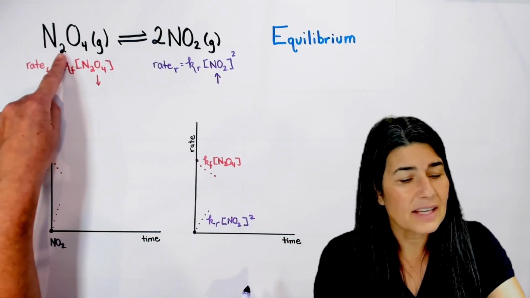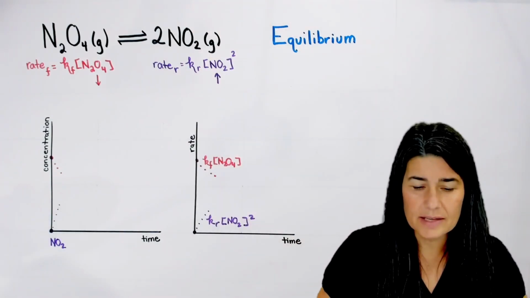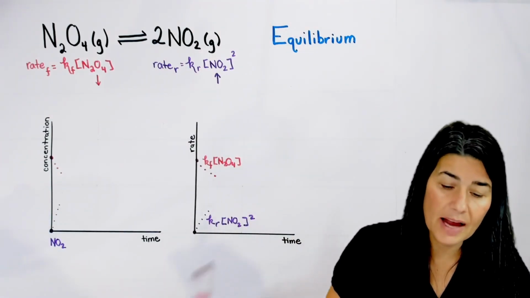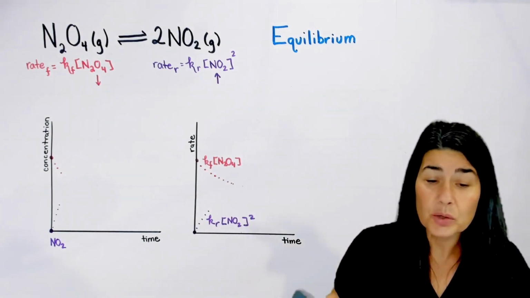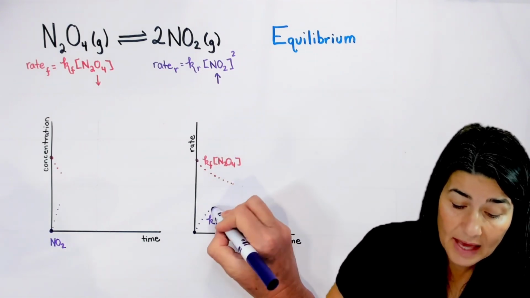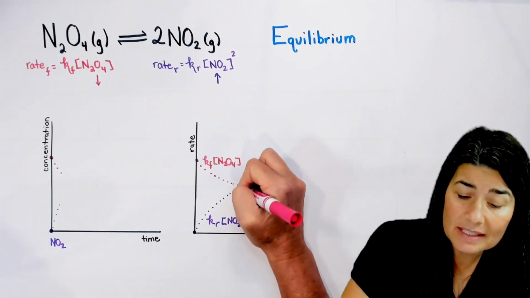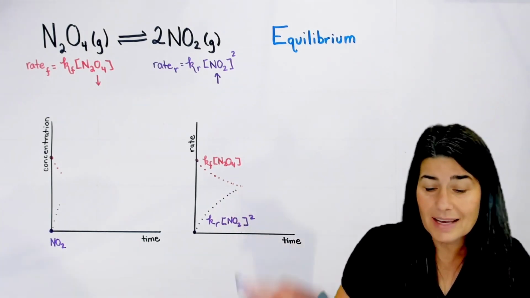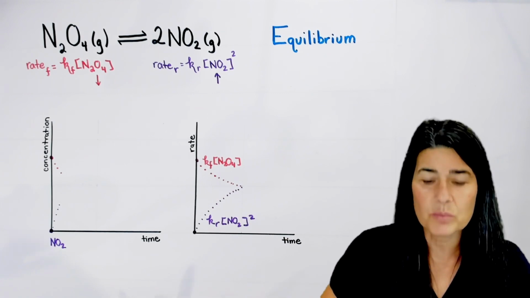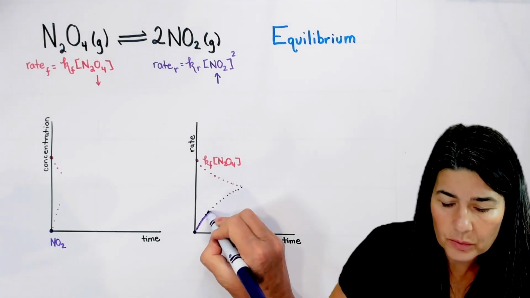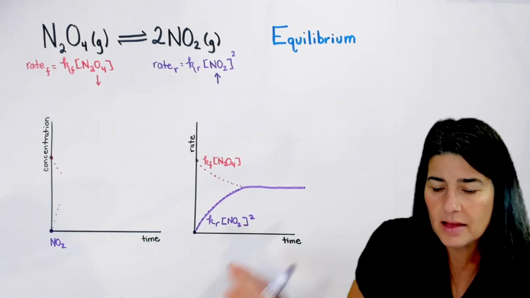So the N2O4 begins to dwindle. The NO2 starts to rise. The rate of our N2O4 continues to decrease. The rate of the NO2, as we get more and more of this, begins to increase. This one decreases, this one increases until we achieve the same rate. So our rate reverse will increase till it reaches some value.